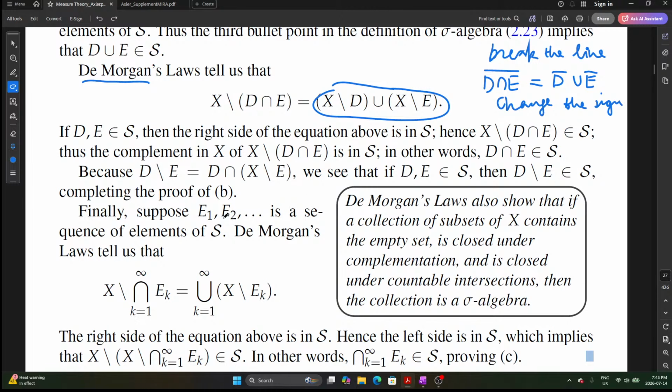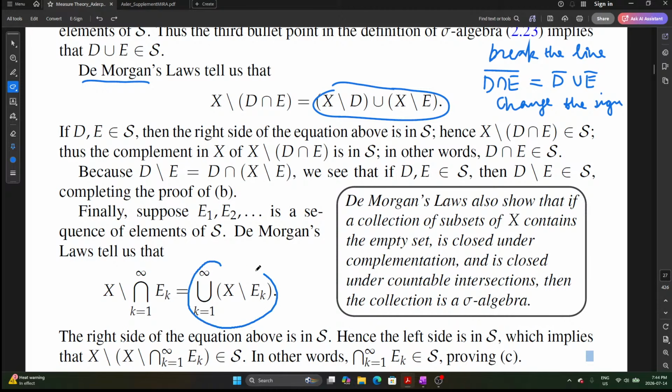So as you can see, the key is still De Morgan's law. On the right-hand side, what do we have? If you have E1, E2 all the way as a sequence of elements in S, then X minus EK are all in S for every K. And now let's use closure under countable union.